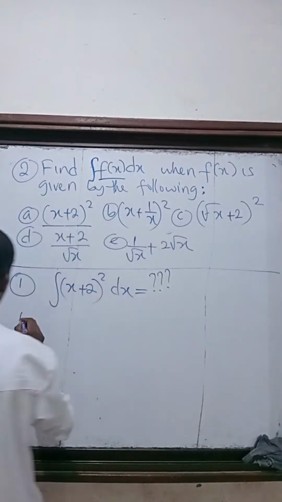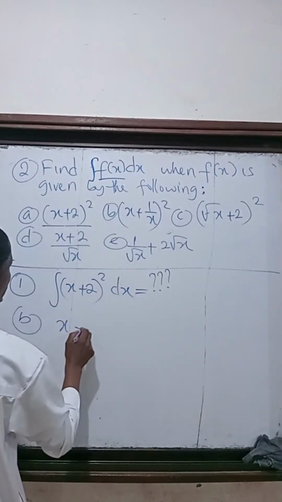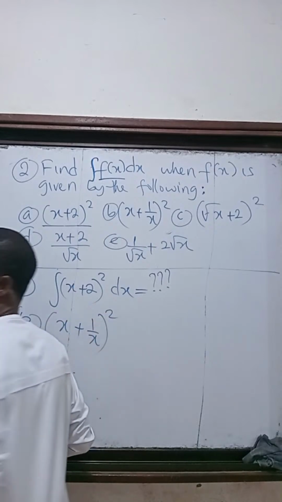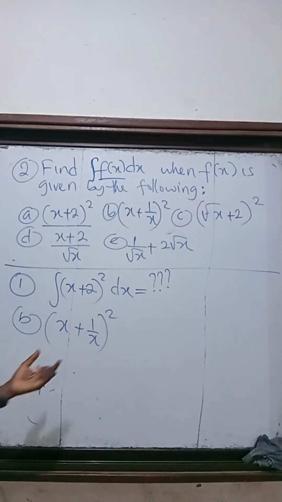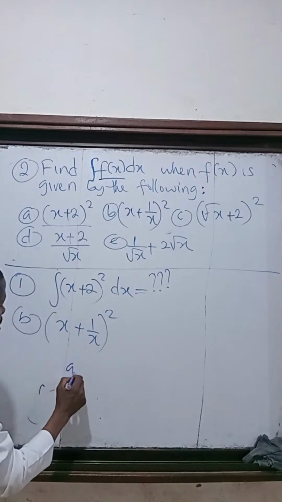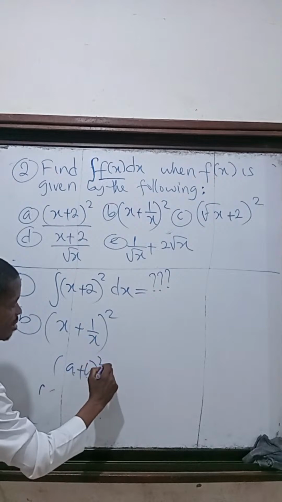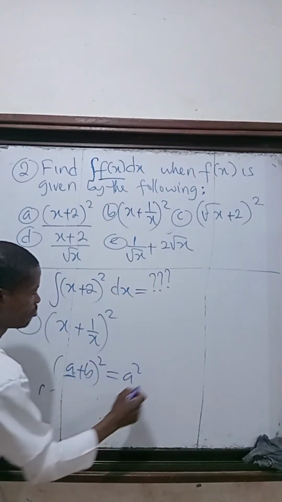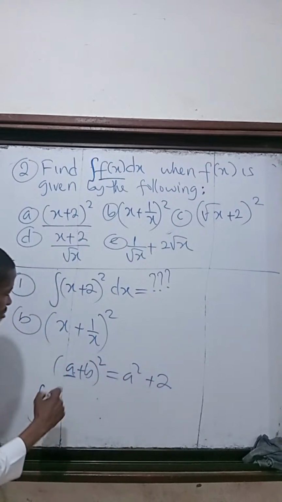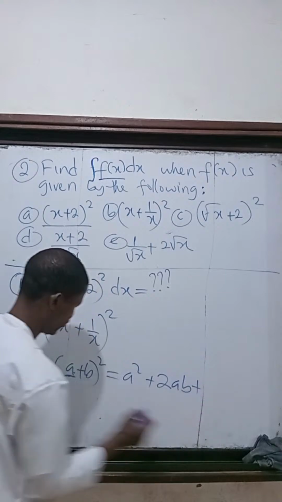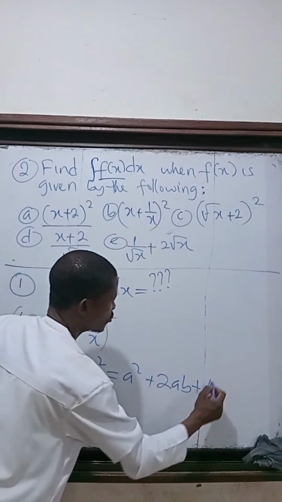Your B is this square. I'll teach you the way you can do expansion very fast. If you have (a + b) squared, that will be equal to a squared plus 2 times a times b, ab, then plus the last one, plus b squared.